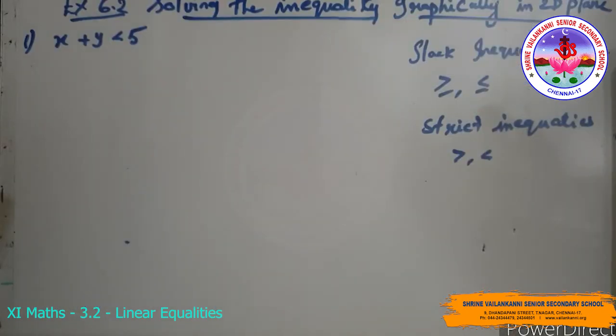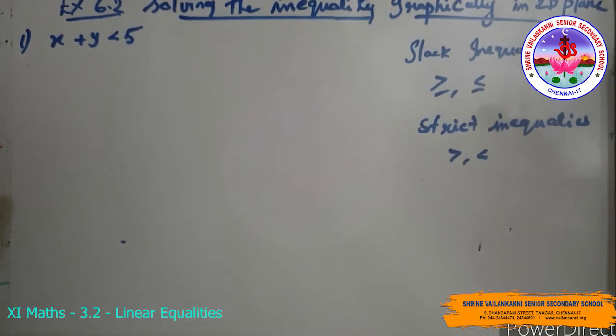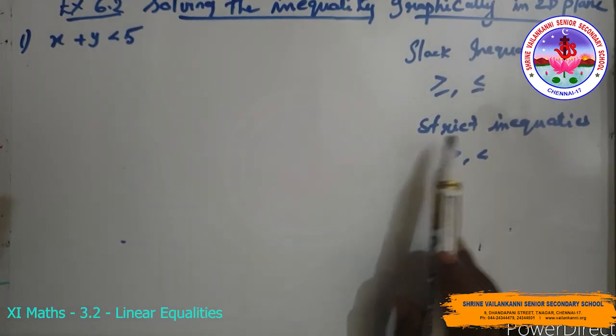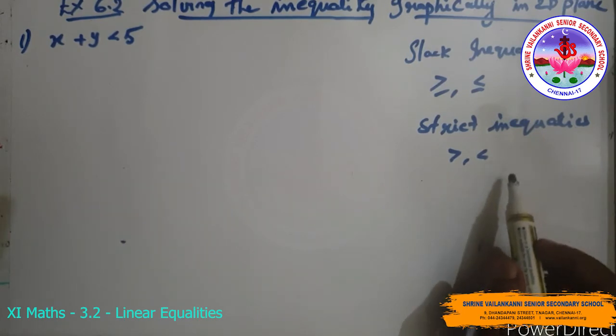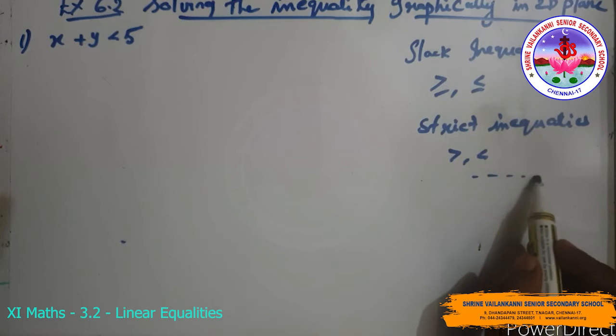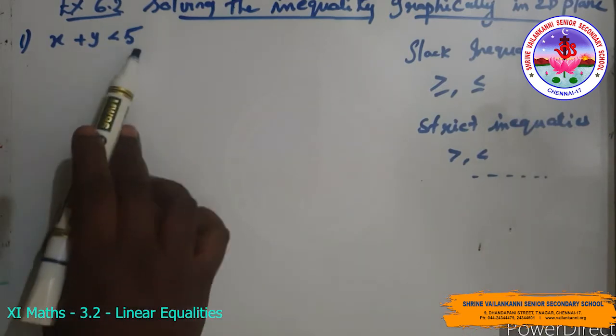Exercise 6.2. Solve the following inequalities graphically in the two-dimensional plane. First question, x plus y less than 5. A strict inequality, greater than or less than, is drawn using a dotted line. So x plus y is less than 5.